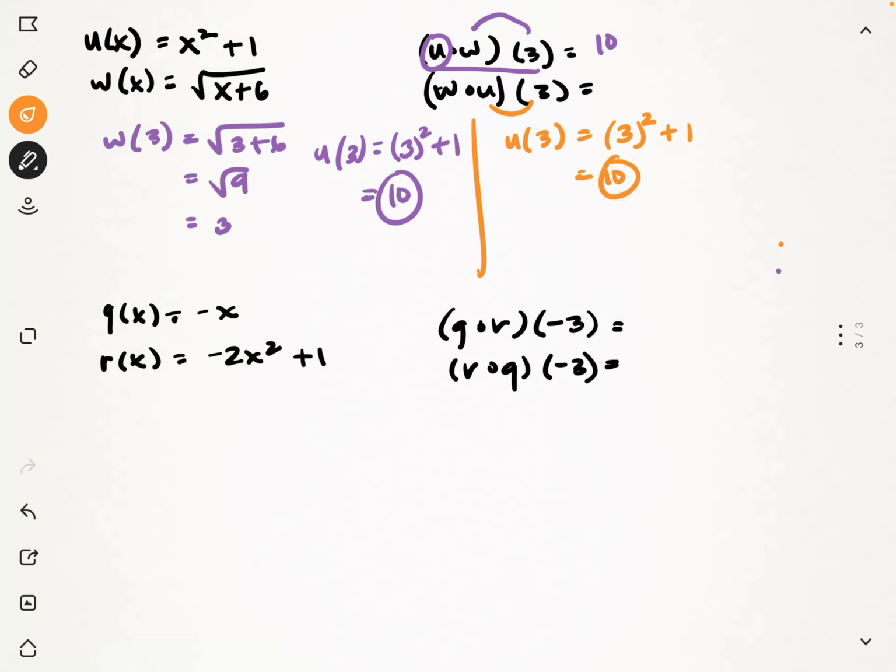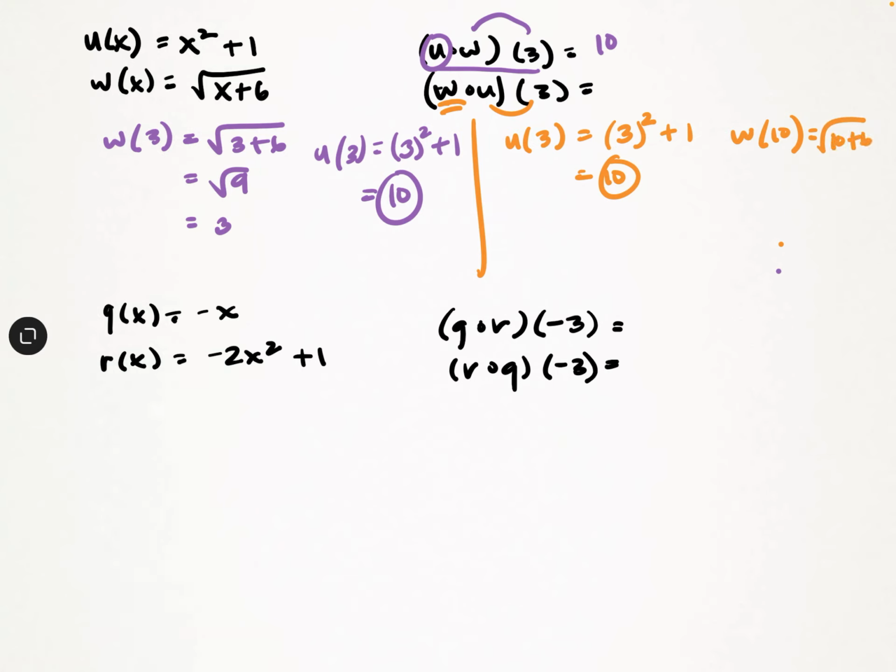And then we're going to take that and plug it into our w. So w of 10 is equal to, I'm running out of space, square root of 10 plus 6. The square root of 10 plus 6 is square root of 16, and we'll say that's 4.